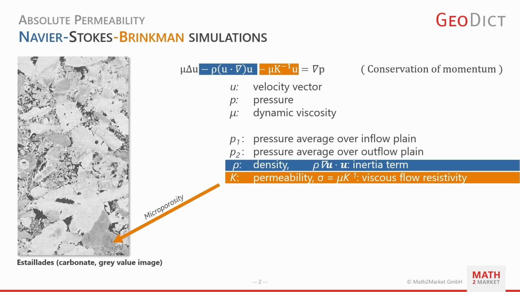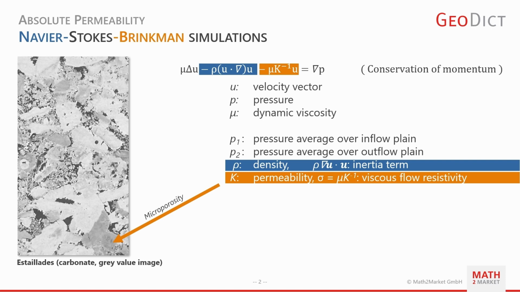Using GeoDict, you are enabled to include micro or nano porosity in your fluid flow computations. The microporosity is expressed by the Brinkmann term, together with the Stokes or Navier-Stokes equations. In this example, I would like to show how a fluid flow is computed, including the effects of microporosity in an Estaillades carbonate.